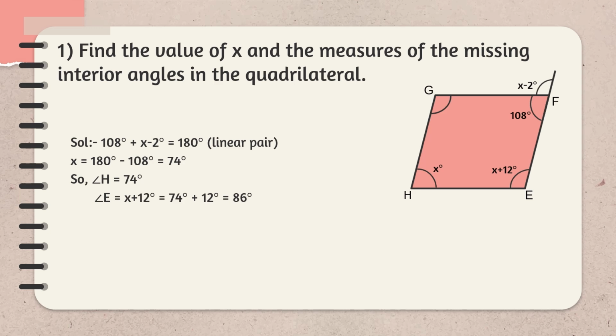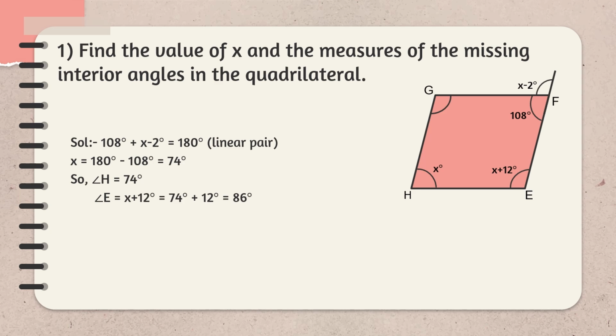Now we have angle H, angle E and angle F. Your angle H is 74 degrees, angle E is 86 degrees, and angle F is 108 degrees, which is already given. From these three angles, how do we find the missing angle, angle G?